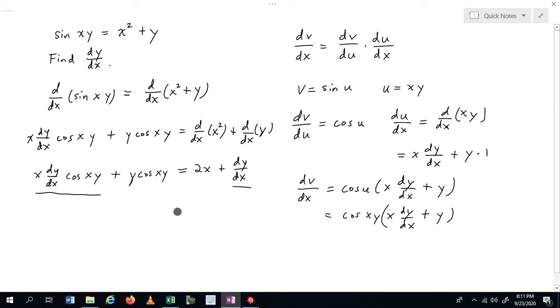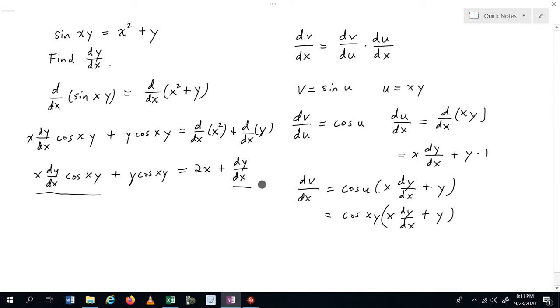Here's how you do it. If you don't know how to do this, you can go in circles. What you have to do is get all the terms that have a dy/dx in them on one side of the equation, and all the terms that don't have a dy/dx in them on the other side of the equation.